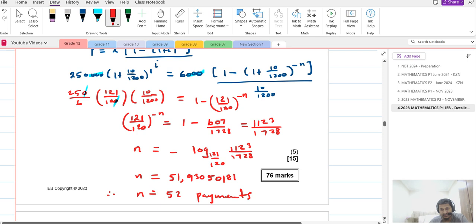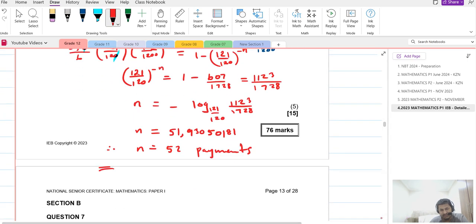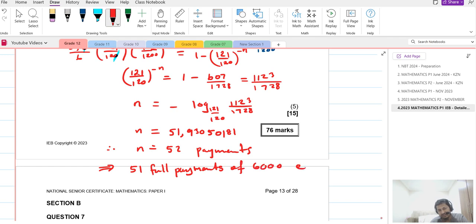So this implies 51 full payments, right, of 6,000 rands each, and one final payment less than 6,000. So that's the reason why you have 52 payments, right? So I hope you understood that.